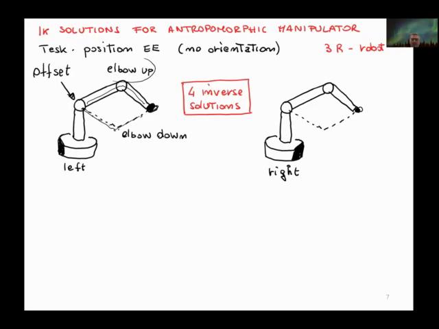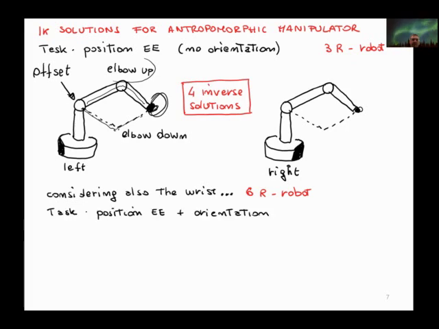And if we add a spherical wrist, you remember, we have a 6 revolute joint robot where the spherical wrist is 3 revolute joints added at the end effector that have intersecting axes.